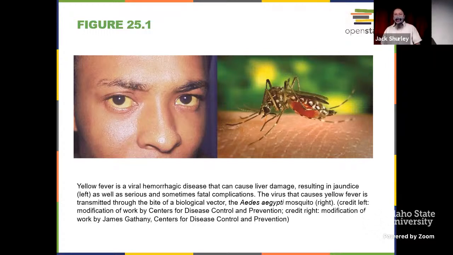So these guys, the Aedes aegypti mosquito, have the potential, among other things, to transmit yellow fever. And it's a viral hemorrhagic disease. It's something that causes issues with the liver and causes damage and jaundice, as we can see with the whites of the eyes here, all yellow tinged.